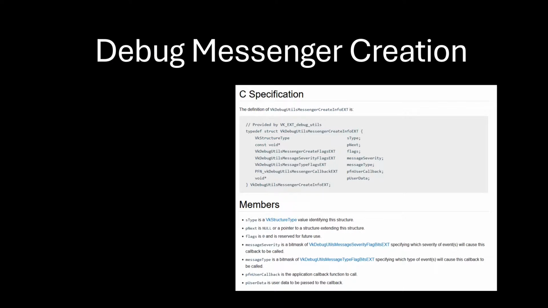I know, right? So in order to make a debug messenger, we have this struct called, a mouthful, it's a vk debug utils messenger create info ext, and it takes all these things. But the really important things are the message severity, the message type, and the function pointer to the callback.